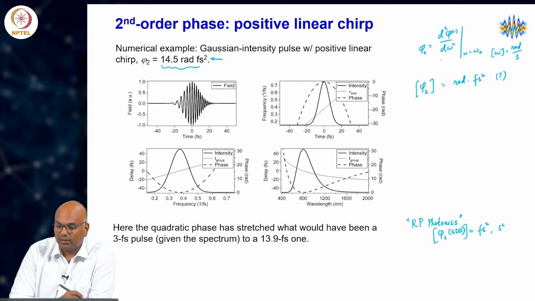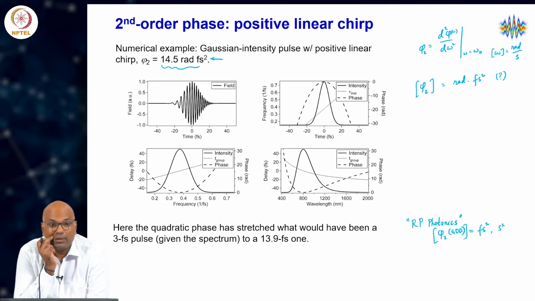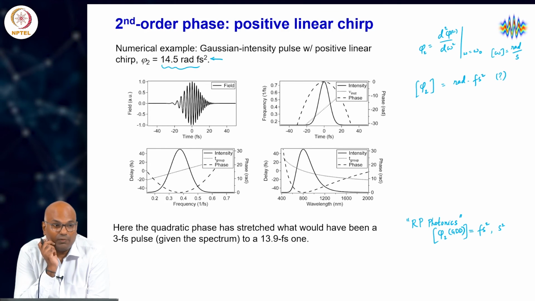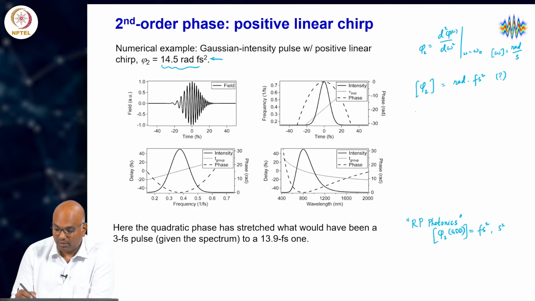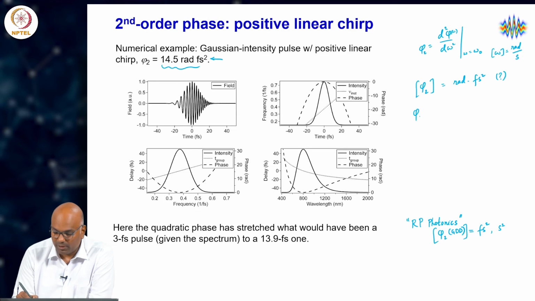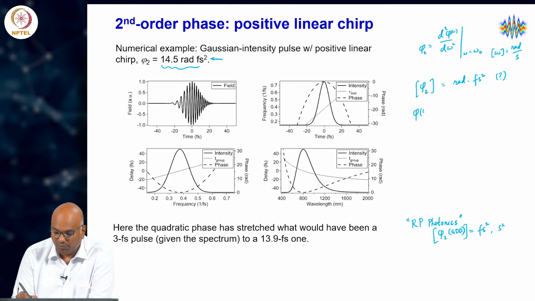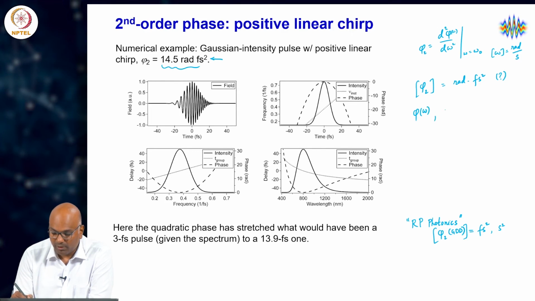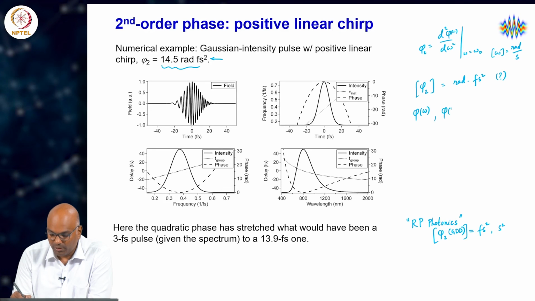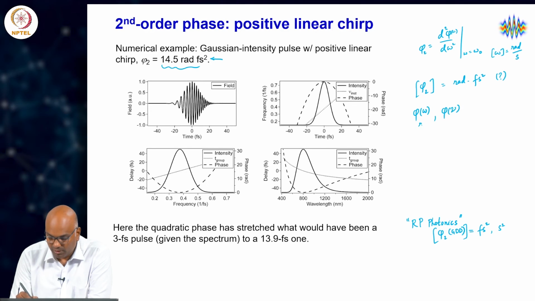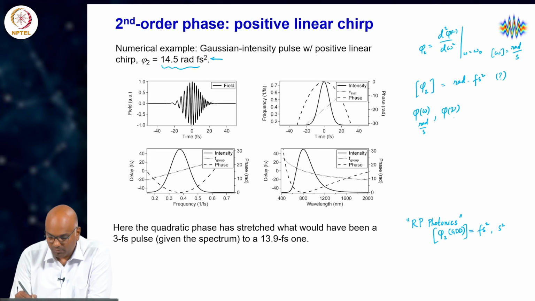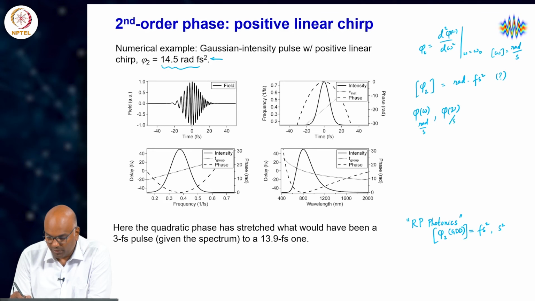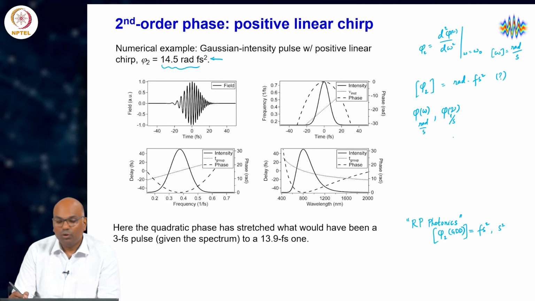In defining this sort of quantity, we essentially have to choose whether we are expressing the frequency dependence of phi as frequency dependence in omega units, which is radians per second, or whether I am using nu for this.